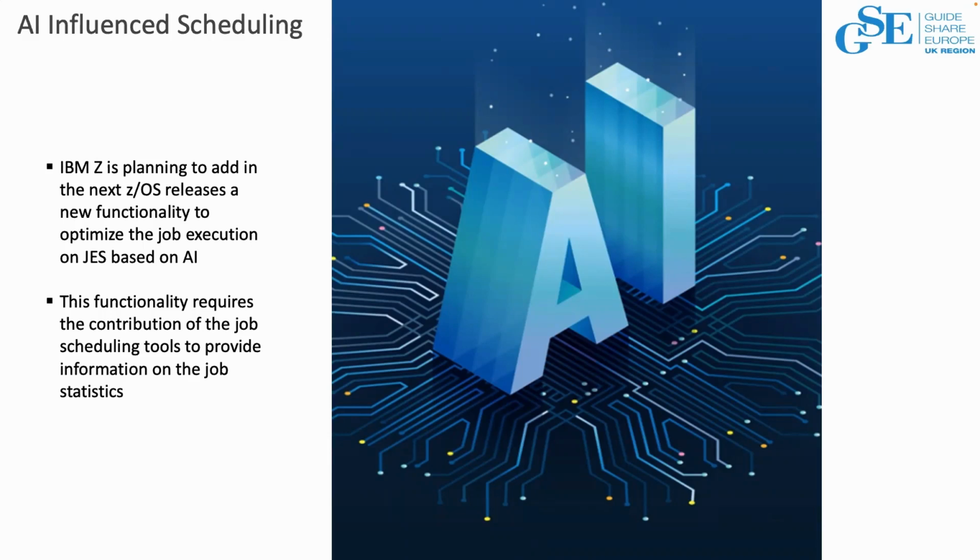And this functionality requires the contribution of the job scheduling tools that run on the mainframe, because they need the job scheduling tools to select, individuate the concept of job instances and to provide job statistics.